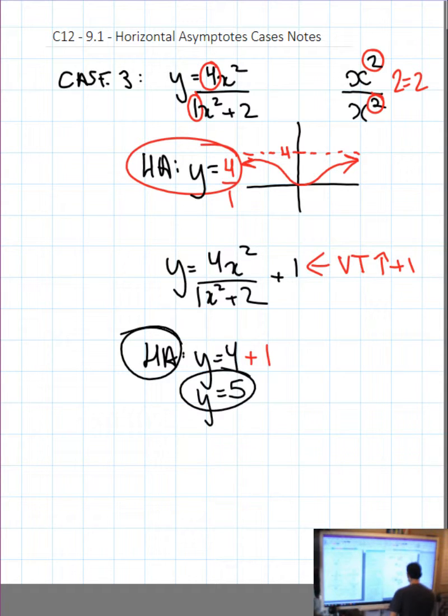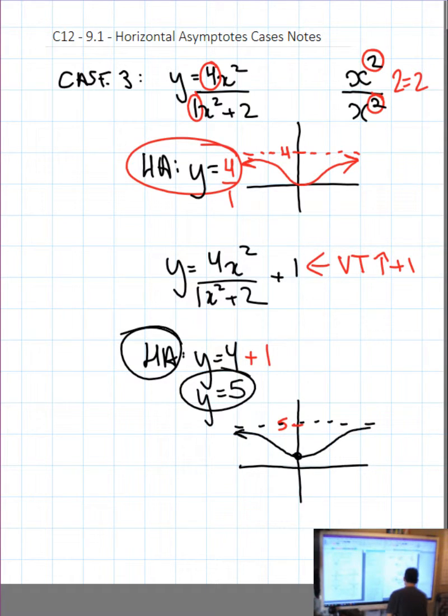So we can simply take our old graph and shift it up 1. Where it used to have a horizontal asymptote at 4, now it's at 5. And then the same old graph just gets shifted up 1. So again, you can graph the rest of that with a table of values or your graphing calculator.